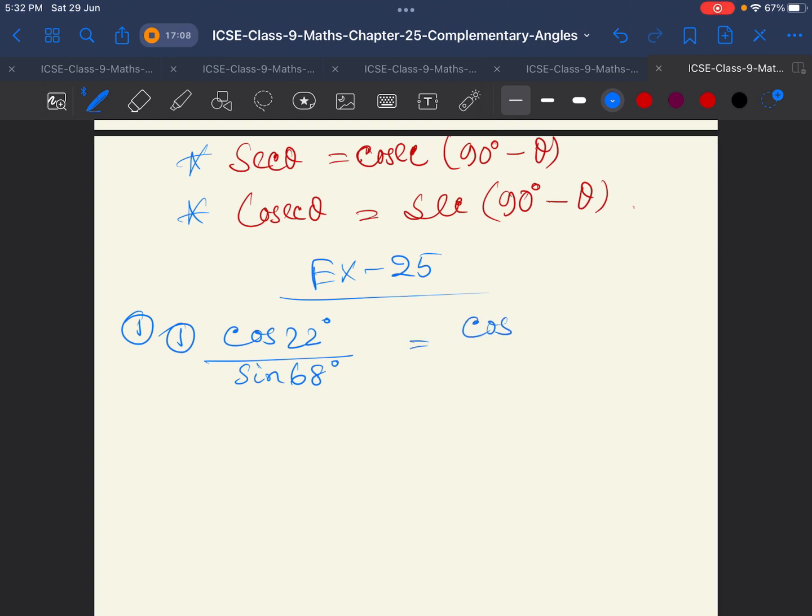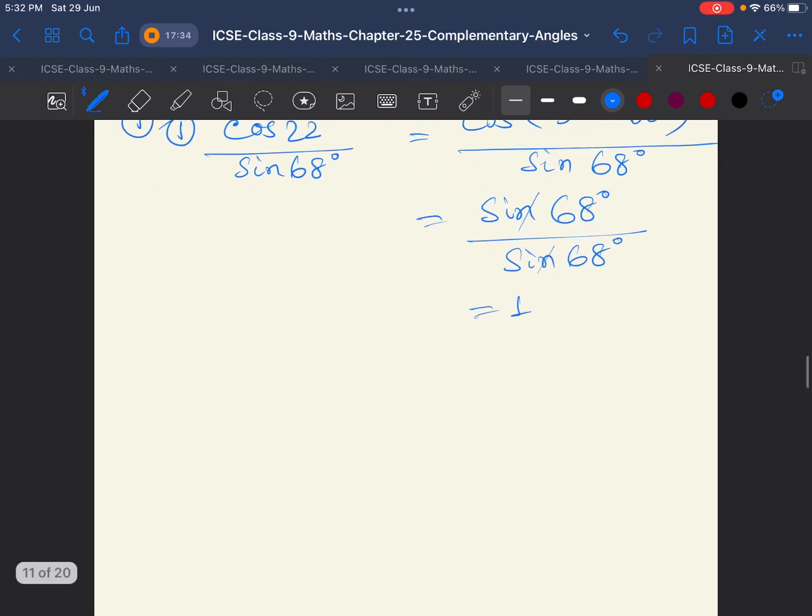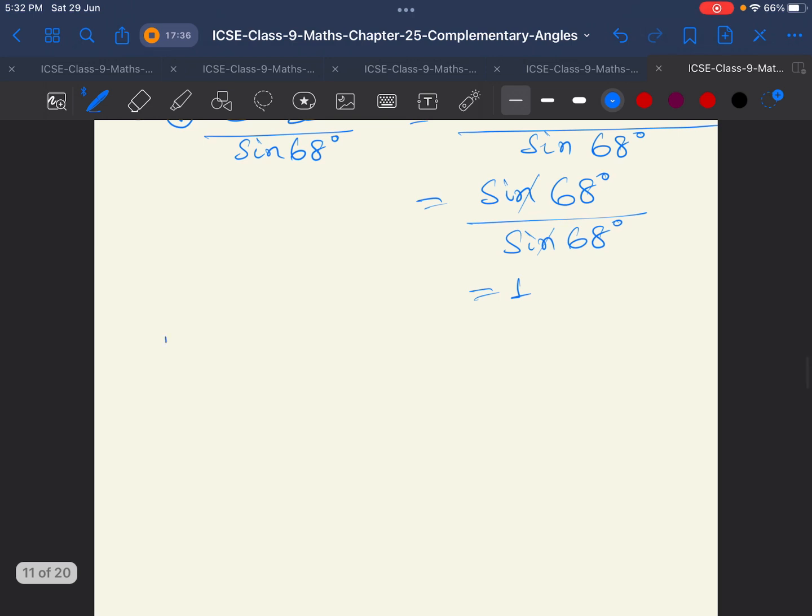Okay, so here we can write cos of 22 equals cos of 90 minus 68. So cos of 90 minus theta we can write sin theta, so sine of 68 degree by sine of 68 degree, so we get 1.